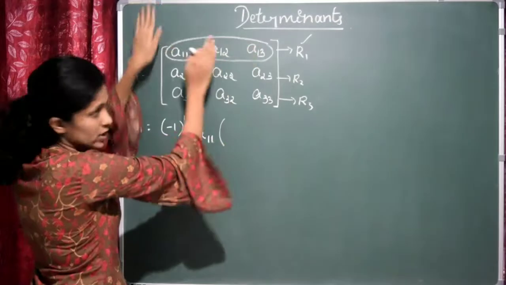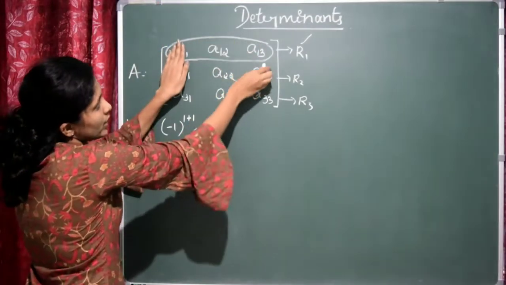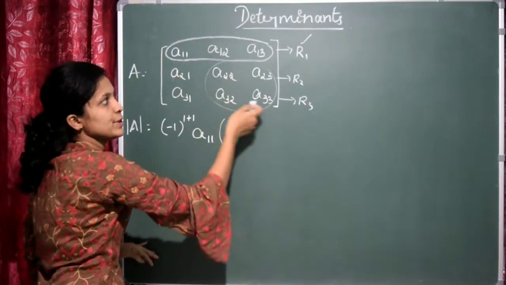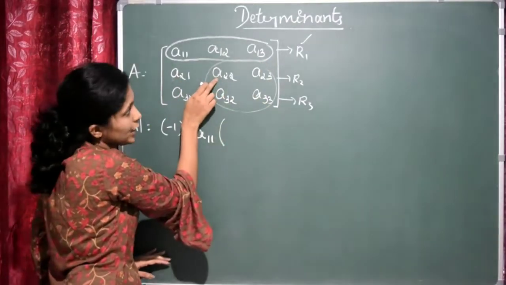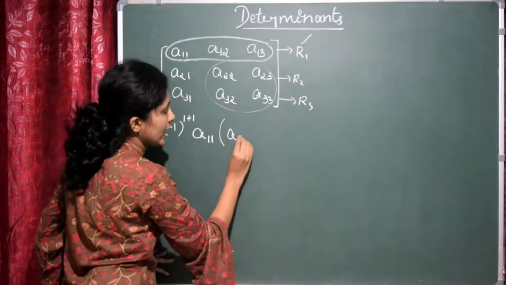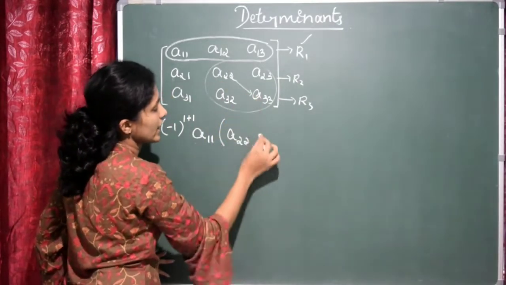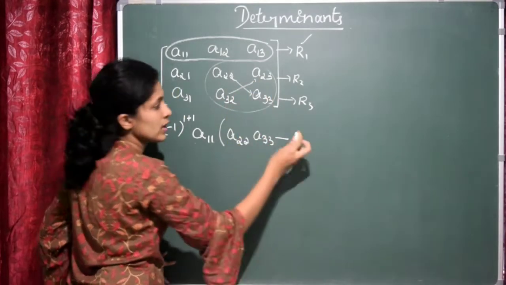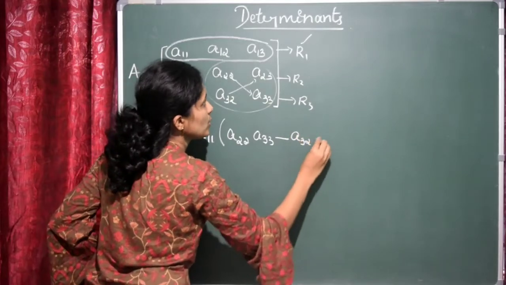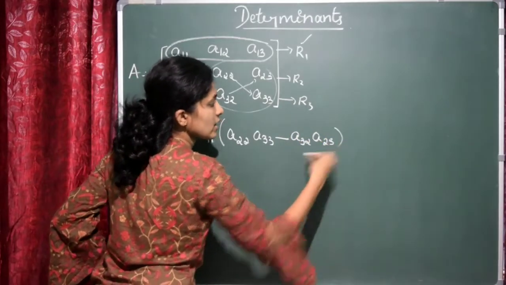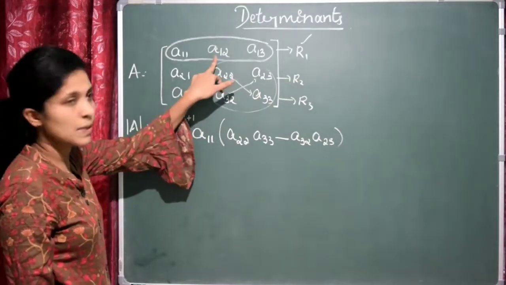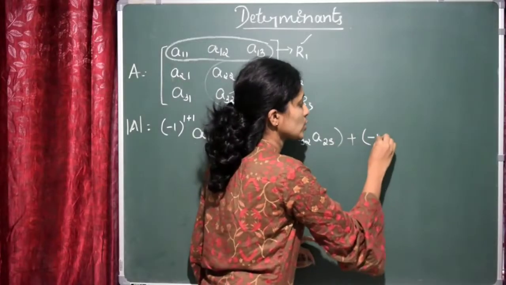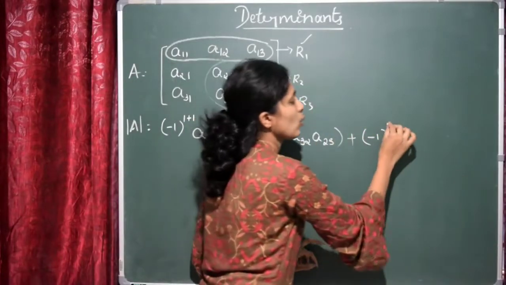Here 4 elements remain, a 2 by 2 matrix, and we have to find its determinant: A22 into A33 minus A32 into A23. This is a basic thing, finding the determinant. Next, plus A12, with minus 1 to the power 1 plus 2.